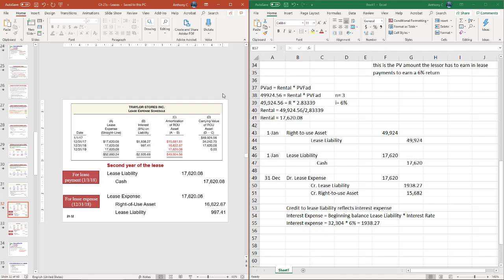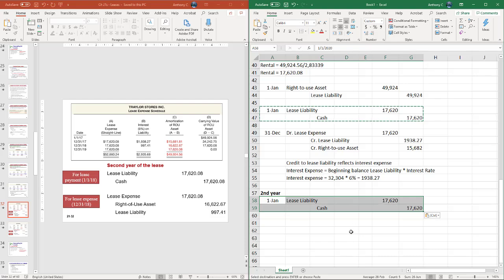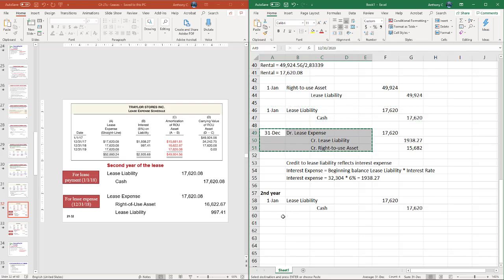So going into the second year, we're going to follow a similar process. Again, at the beginning of the second year, on January 1st, the company is going to be making a lease payment. This journal entry is going to be exactly the same as before, because the payments are still in the amount of roughly $17,620. At the end of the year, the company is going to again record a lease expense.